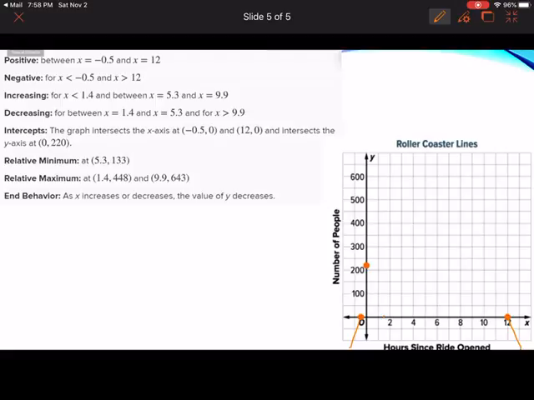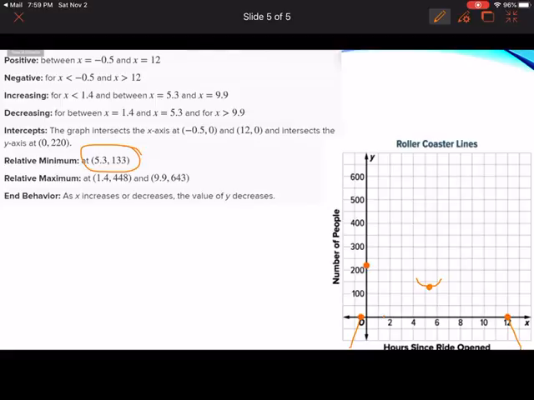And it's decreasing at 5.3 and x is greater than 9.9. So let's get our minimums and our maximums up there so we can see the changes. So at 5.3, I'm looking right here, 5.3, 133. That's going to be like right there. That's a minimum. So that means it's going to be coming down like this somehow.